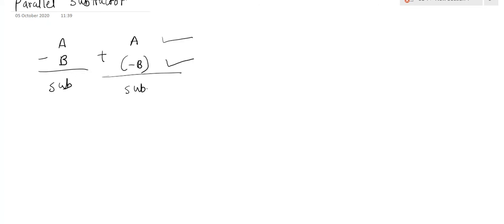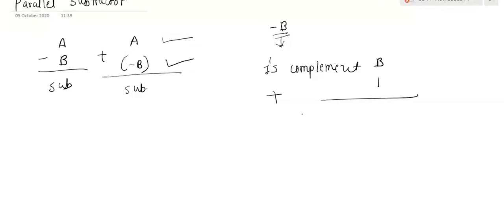And then along with these two inputs, I need to use the carry input. But the carry, how are we taking the 2's complement? Now when I want to take minus B, what are we doing? We are taking the 1's complement of B. Then we are adding 1 to the 1's complement. That is giving me the 2's complement of B, which is nothing but minus B. Clear?